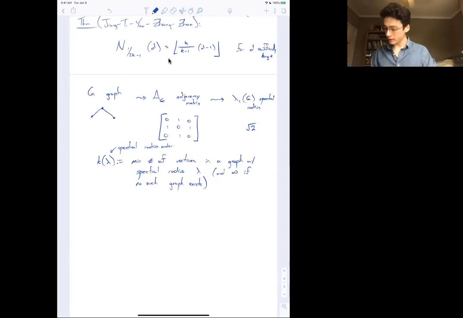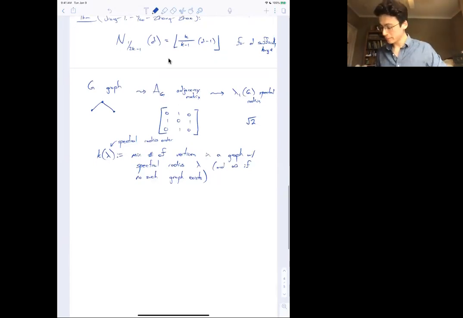Okay, so I have just defined spectral radius order. Let me just give a couple examples because it's a little bit of a strange quantity. So for example, if I plug in an integer, I get just one larger than that.